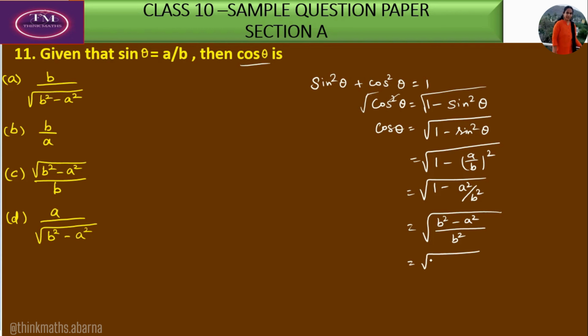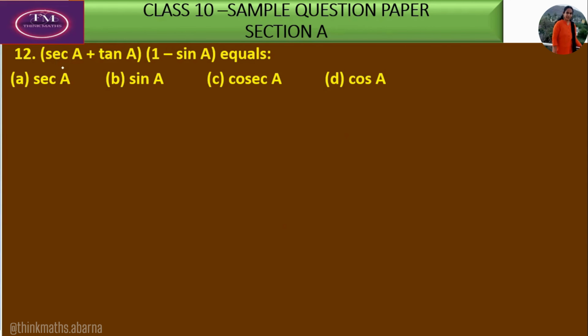So numerator we can keep as such, root of b square minus a square. What happens in the denominator? The square root and power 2 gets cancelled. So it is root of b square minus a square by b. So which is the option? Option C is our right choice. So moving on to the 12th question.